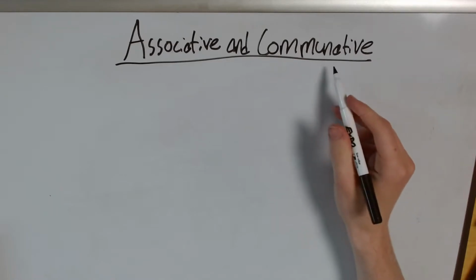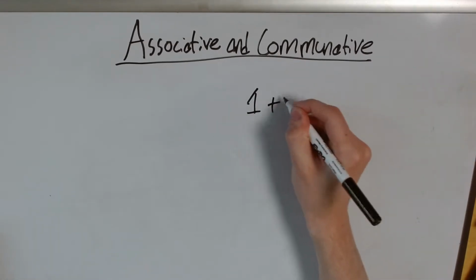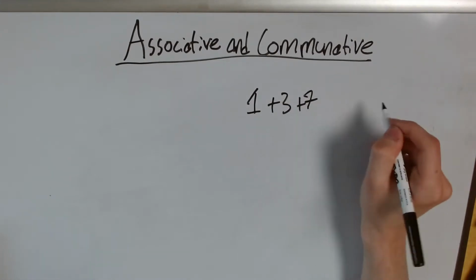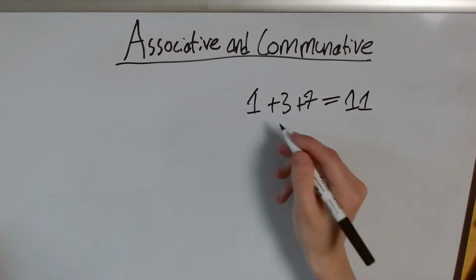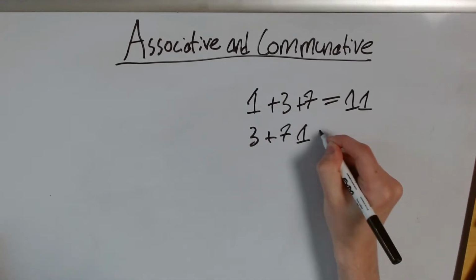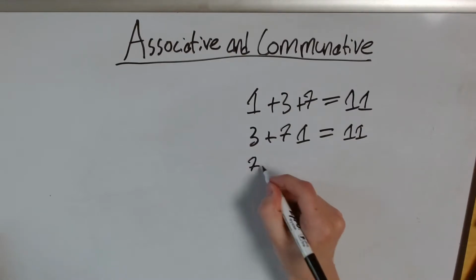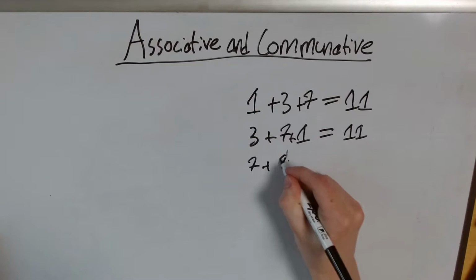Let's start with commutative. Say we have something like this. 1 plus 3 plus 7. We know if we add those all up, we'll get 11. But we'd also get 11 if we had 3 plus 7 plus 1, or 7 plus 1 plus 3.